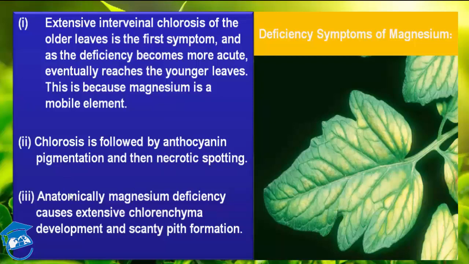Anatomically, magnesium deficiency causes extensive chlorenchyma development and scanty pith formation. Pith, I have already taught you in the chapter Anatomy of Flowering Plants. For better understanding, you can refer to that presentation.